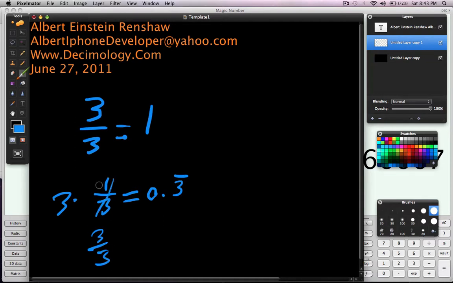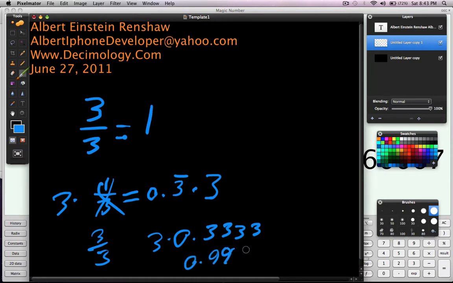But if I take 3 times this side, instead of doing the fraction, I take 3 times the decimal form, then it would be 0.3333, and then 3 times that. And of course, this would become 0, because 0 times 3 is 0. 3 times 3 is 9, 9 barred. So 0.99999 barred equals 3/3 equals 1. So that's why 1 equals 0.9 barred.